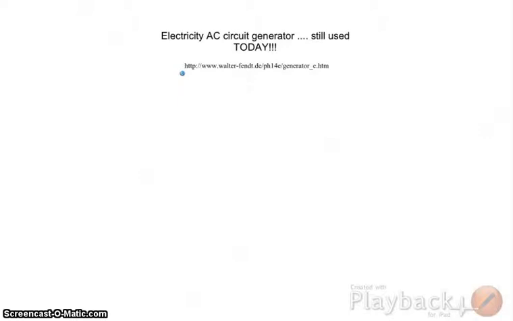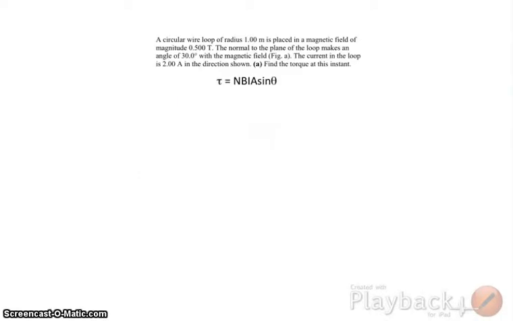Alright, let's try a problem. A circular wire loop of radius 1 meter is in a magnetic field of 0.5 Tesla. And its normal to the plane, so its theta is 90.